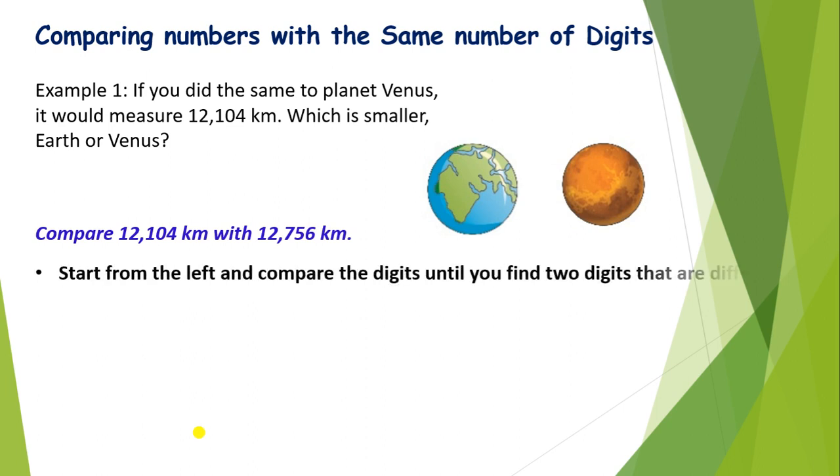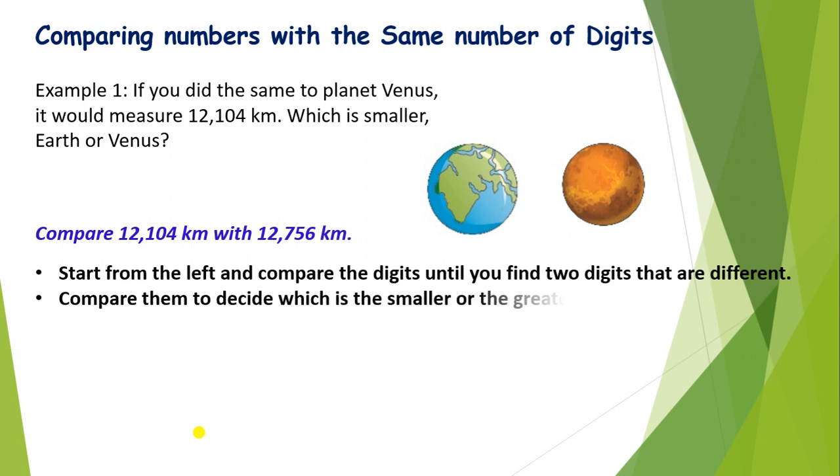The steps which we have to follow are: start from the left and compare the digits. When the number of digits are same in both the numbers, we need to start comparing from the left side. Compare them to decide which is the smaller or the greater number.